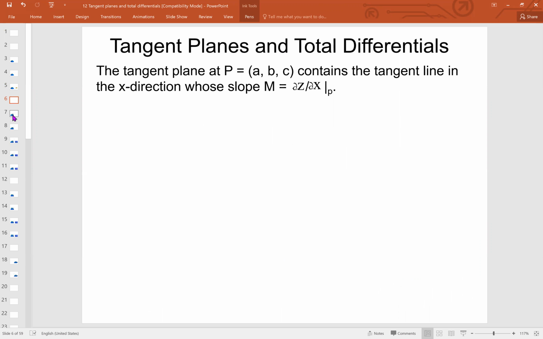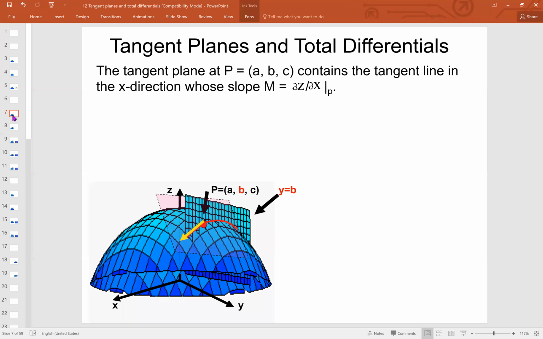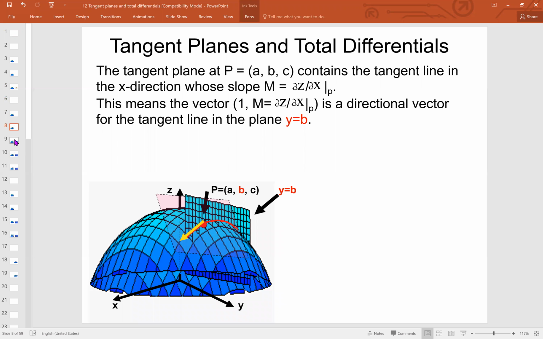So assume that we have a point that's smooth on the surface, then we would like to obtain the tangent plane. In order to get a tangent plane, I need to get a normal vector for the tangent plane. We get a normal vector as we look at the partial x, and that's going to give us the slope.